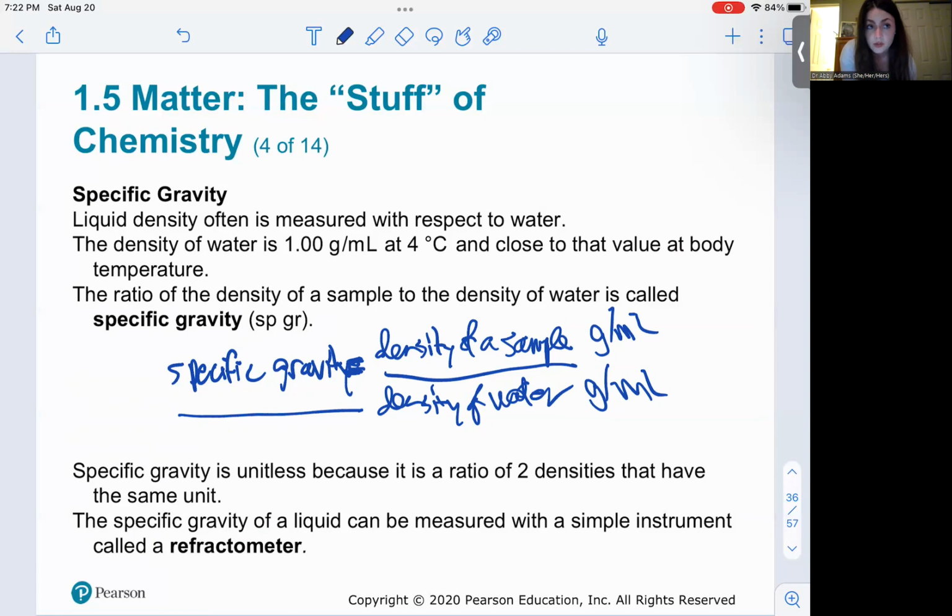A refractometer is often used in a clinical setting during urine analysis. So you're going to have problems that can probably be solved, or would in an applicable setting be solved, with a refractometer. But make sure you understand this definition. Perhaps I'll bring one to class.